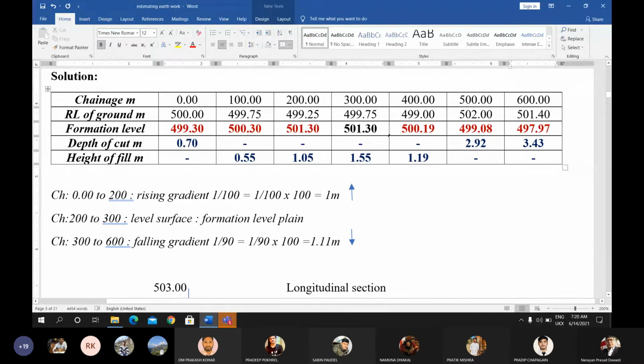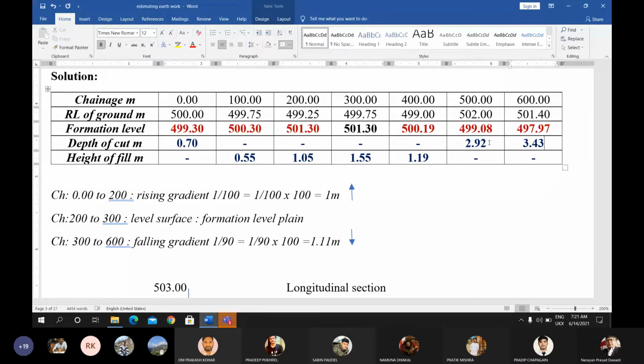The formation level may be provided at the end of the channel, at any place of these channels, or at the starting of the channels. If it is provided from the starting, the calculation may be easier. But if the formation level is provided at an intermediate point, then you have to go forward and backward to calculate the formation level of other channels, according to the gradient provided.